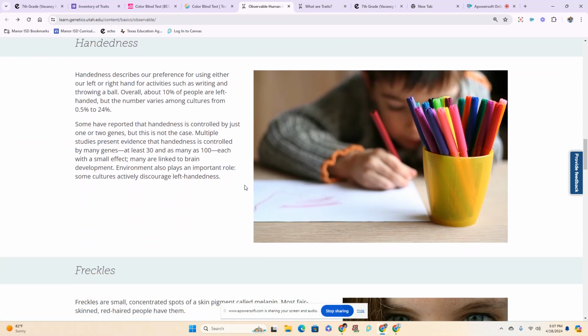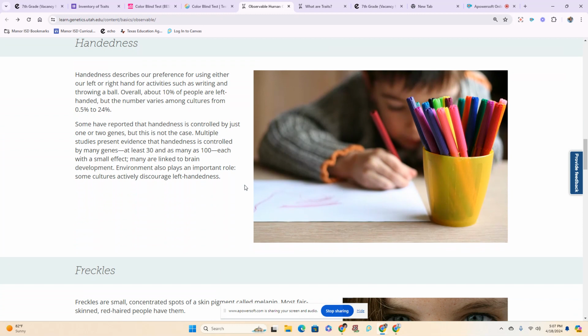Handedness. This describes your preference for either using left or right hand for activities such as writing or throwing a ball. Overall, about 10% of people are left-handed, but the number varies among cultures, anywhere from 0.5% all the way up to 24%. Some have reported that handedness is controlled by just one or two genes, but this is not the case.